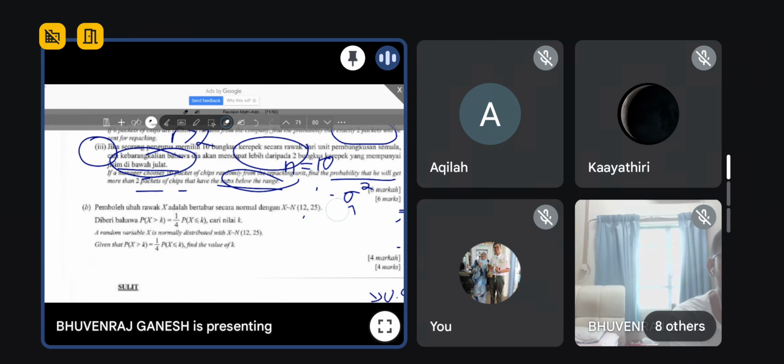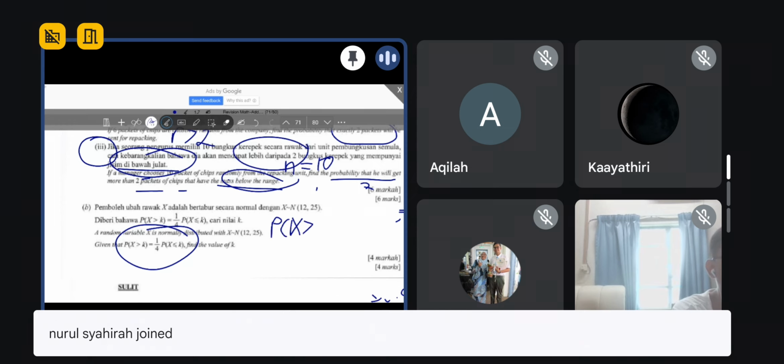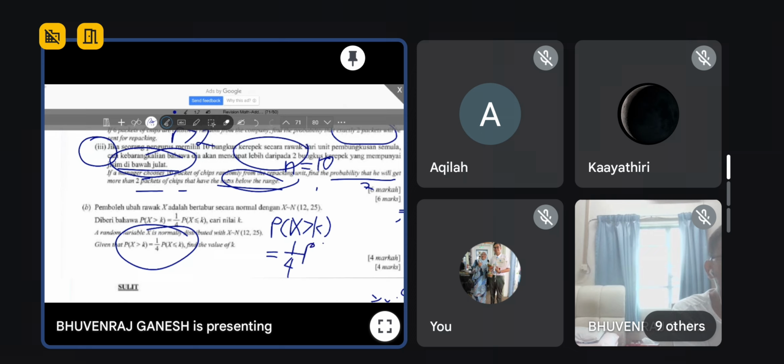Okay, guys. So after kamu analysis semua ni, you can start already. Basically, you have to use this equation. Kamu kena guna persamaan yang ni untuk cari nilai K. Alright. So guys, you must imagine a bit, kamu kena bayangkan sikit kat sini. So this is the equation you have.